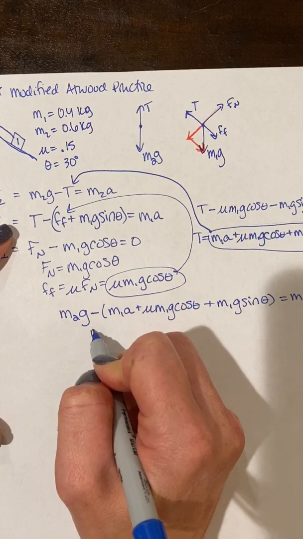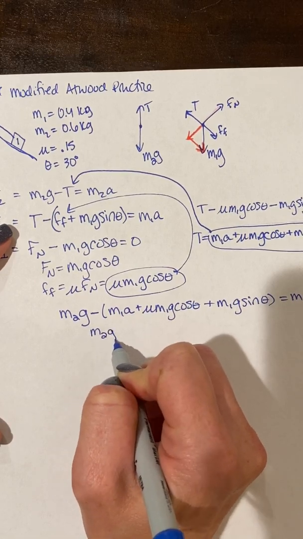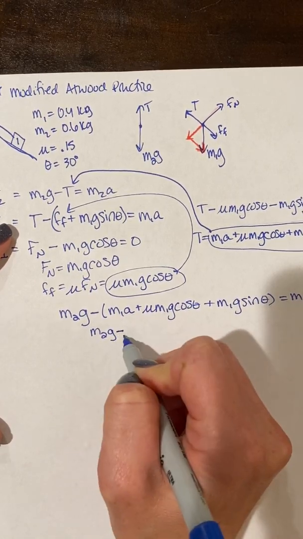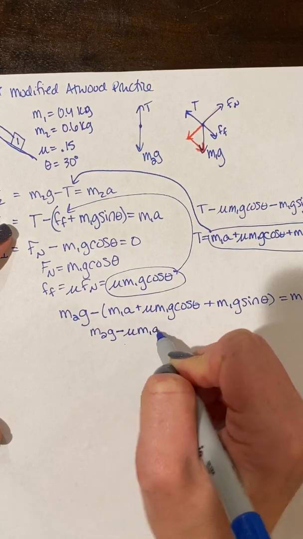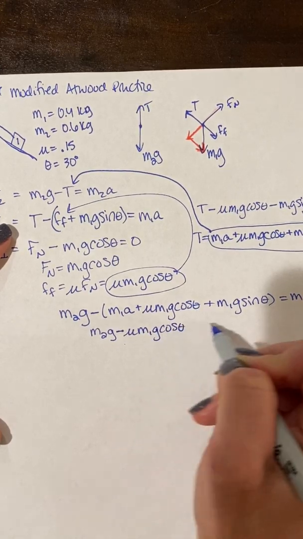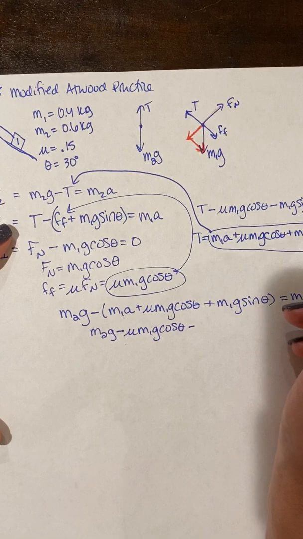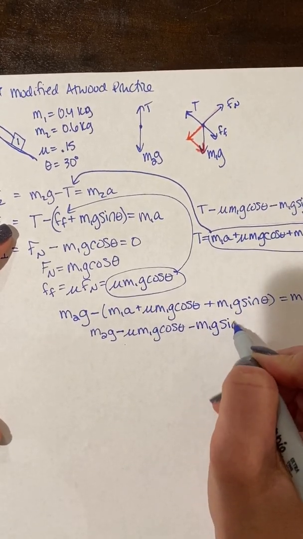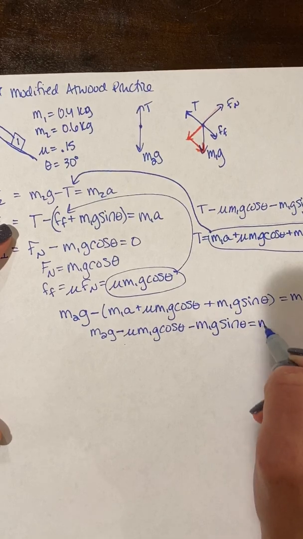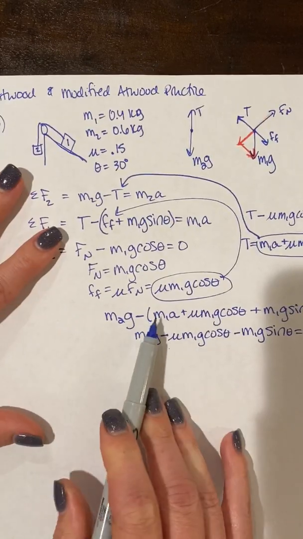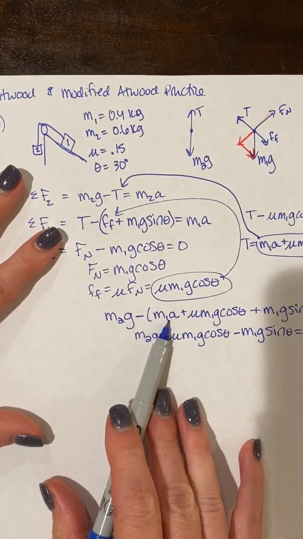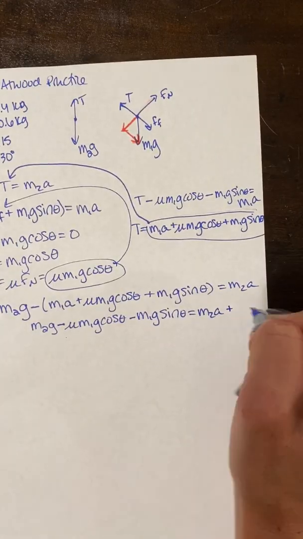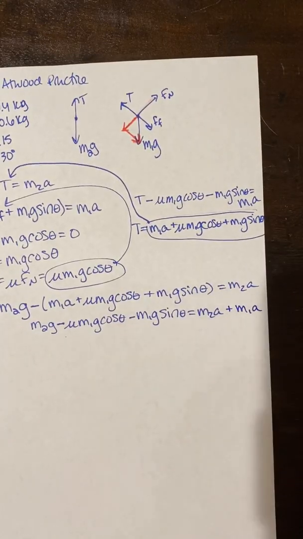So m2g minus mu m1g cosine theta minus m1g sine theta is equal to m2a. And then since this is subtracting, I'm going to add it to both sides, plus m1a.